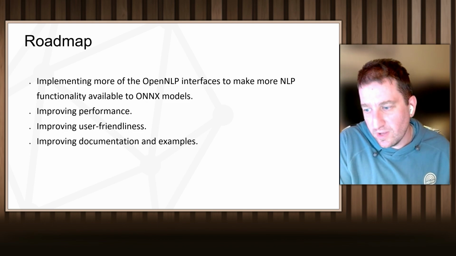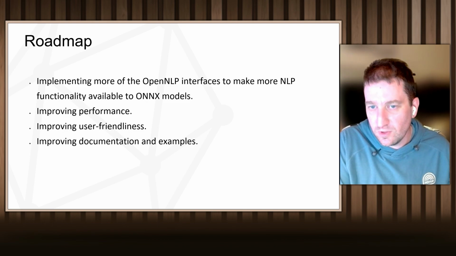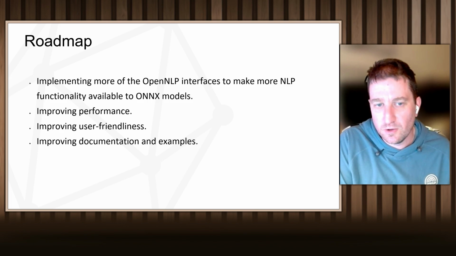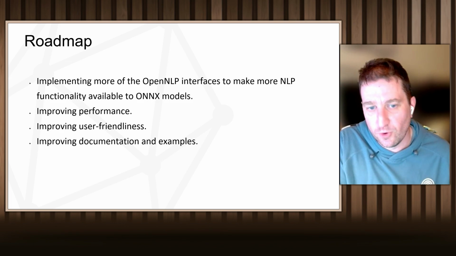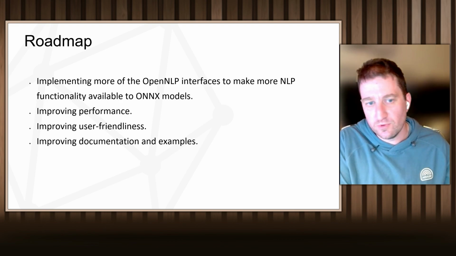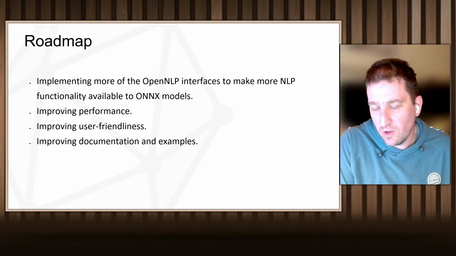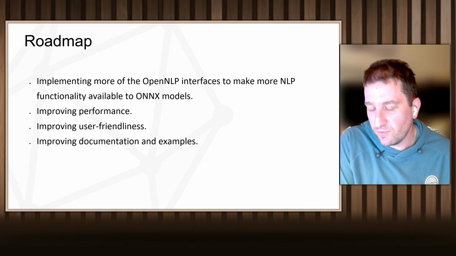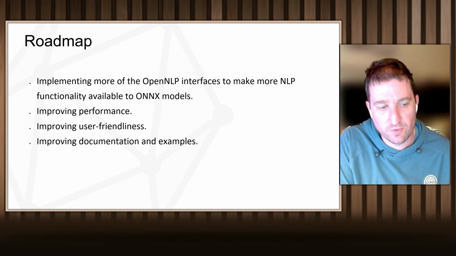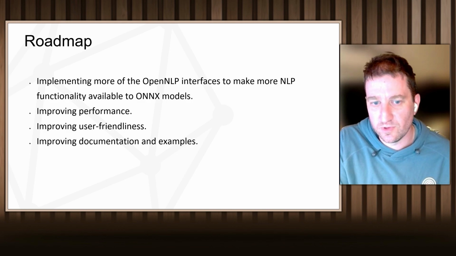We have document classification and named entity recognition. I'd like to get some of those other NLP tasks implemented as well. Improving performance and user friendliness, of course. Some of the methods in the code could be improved, no doubt. I just want to make it a little more user-friendly for folks, easier to get started. And of course, always documentation and examples.